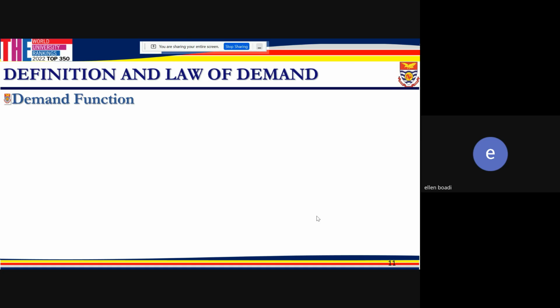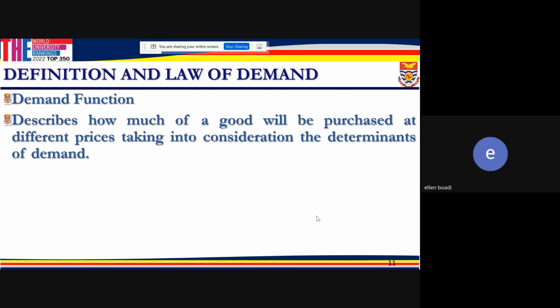We use an algebraic expression, an equation, to describe it. When you put it in this form, we call it a demand function. A demand function also shows a relationship between price and quantity, put in the form of an equation.